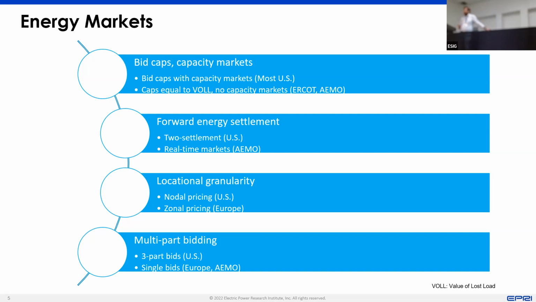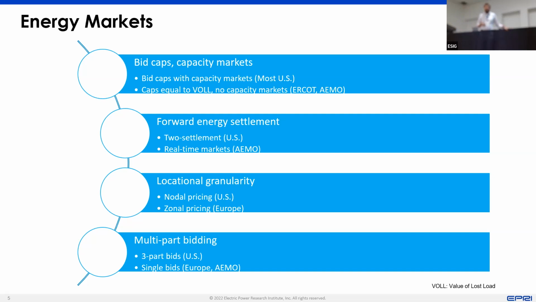Locational granularity: at what granularity is the value placed on electricity and energy? In the US, we have nodal pricing, really at a generation node level, typically not at a load node level, and certainly not at a distribution or customer level.